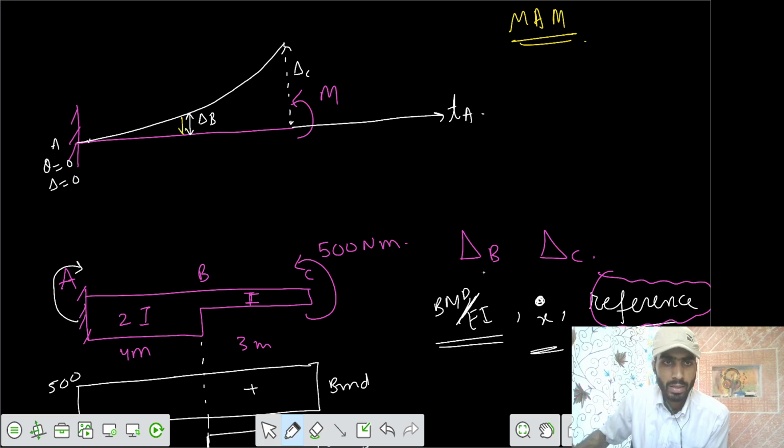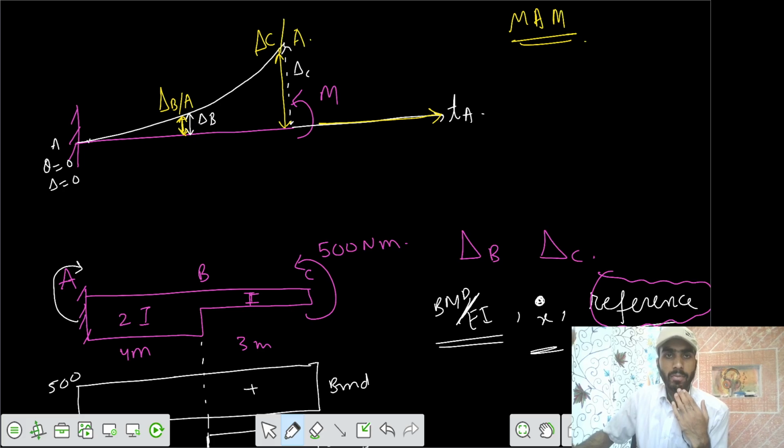What should this value be called? We can call it the deflection at B with respect to the tangent you draw from A. Similarly, we can call it the deflection at C with respect to the tangent at A. Can we say that?